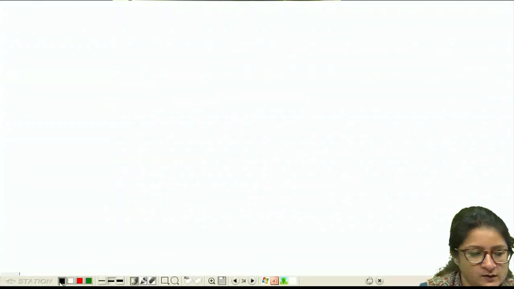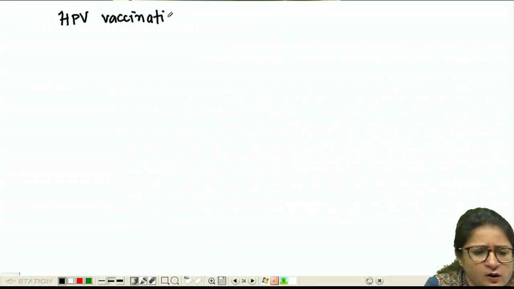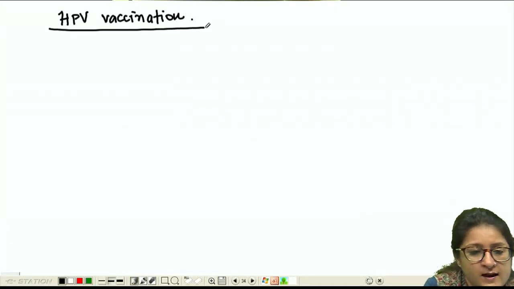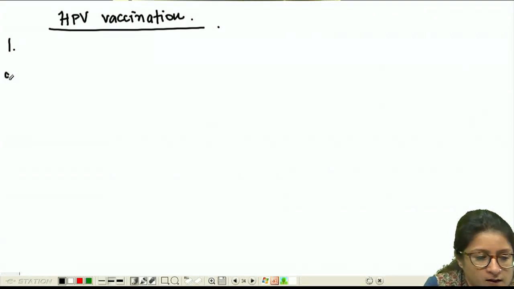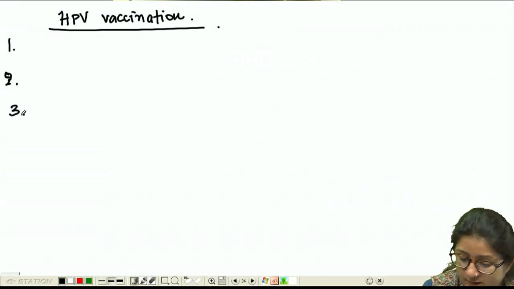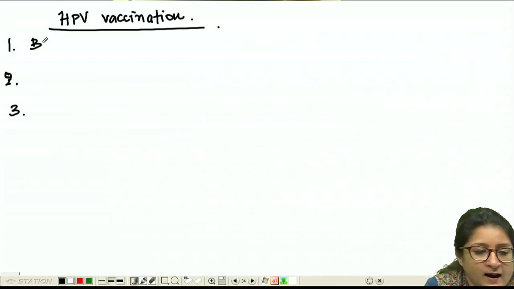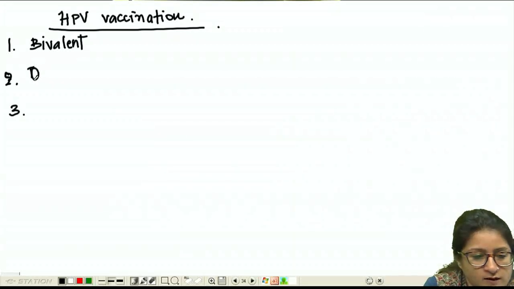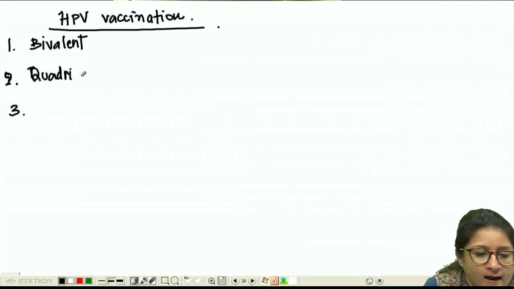Anyways, let's begin with the HPV vaccination. Now, when we talk about the HPV vaccination, we have 3 vaccines available. We have the bivalent, we have the quadrivalent, and we have the new one, which is the 9-valent.